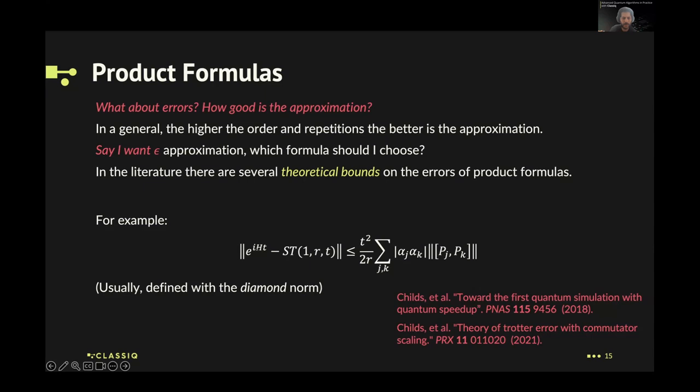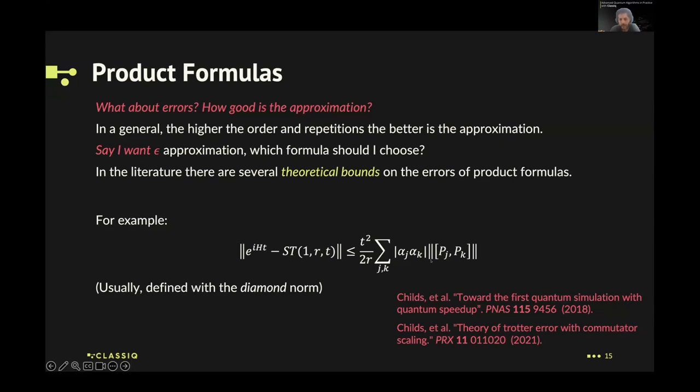For example, you can look at the distance between Suzuki-Trotter with order 1 and R repetitions, and ask how far it is from the real evolution. And here is a bound from the literature, and you see that it goes as t squared over R, meaning that as R goes to infinity, indeed, my error gets smaller and smaller.